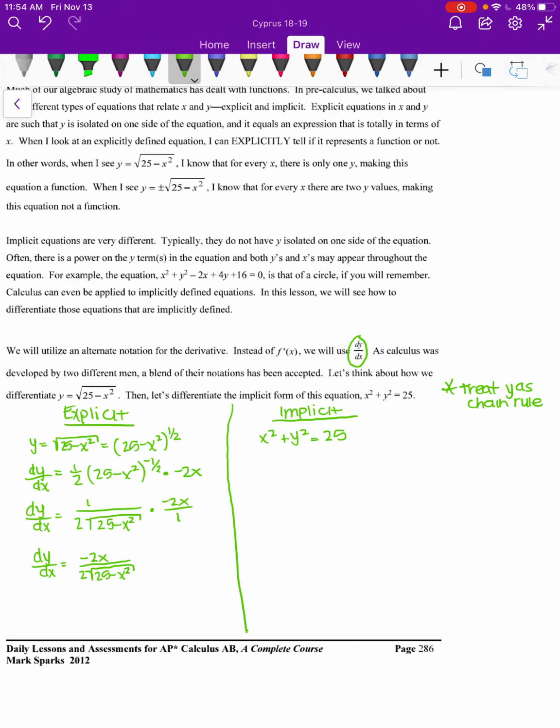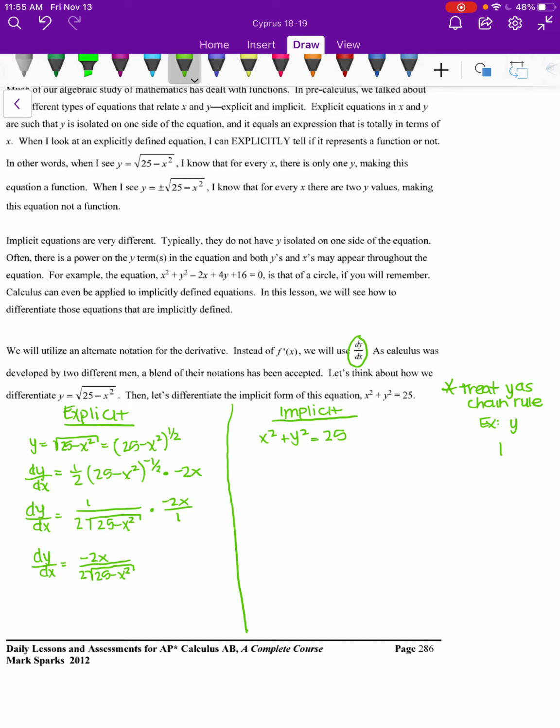Okay, that's what dy dx means. We're taking the derivative of y in terms of x. So we're going to treat anything that has y in it as a chain rule. If I just have y all by itself, the derivative of the outside is just 1, evaluated at the inside.